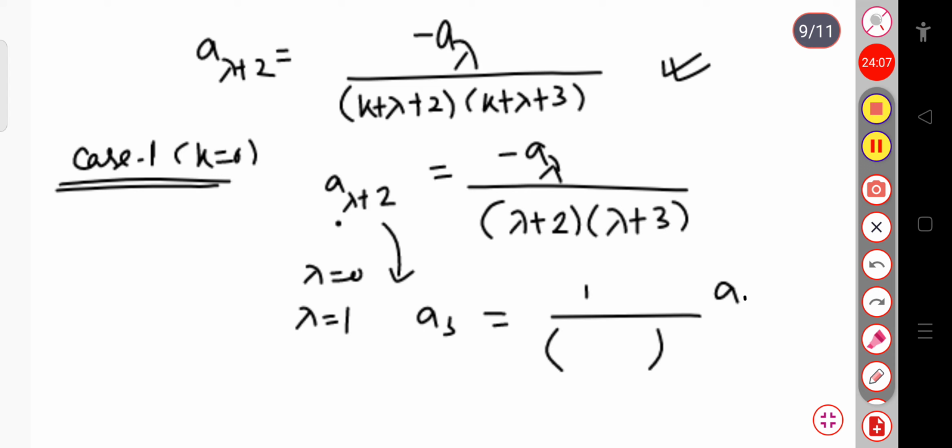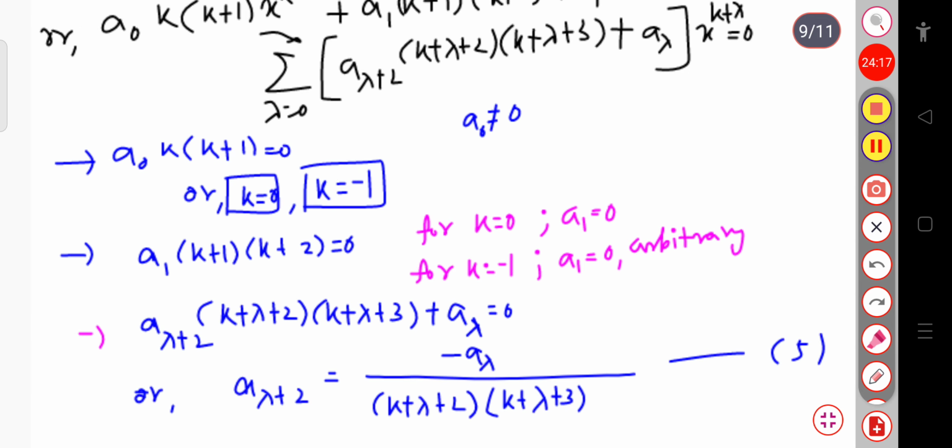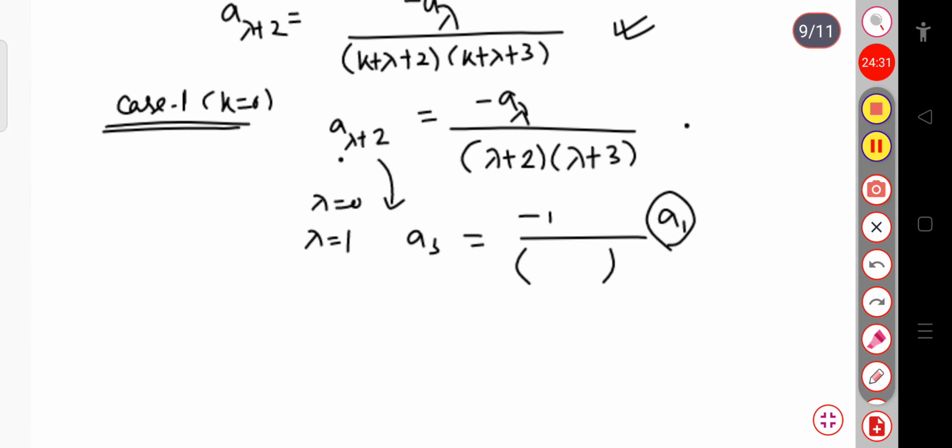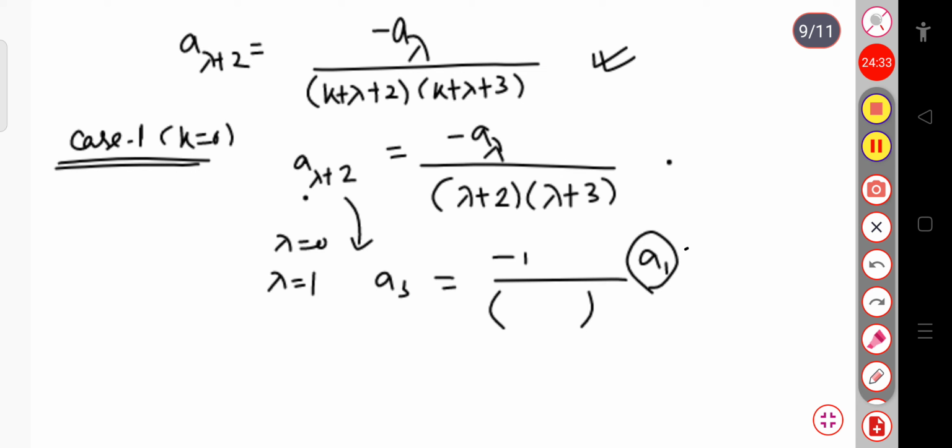But here the a1 value can be taken arbitrary. Sorry, not arbitrary: we have just calculated that when k equal to 0, a1 equal to 0. When this a1 is 0, that means this total term goes to 0, so this a3 will definitely go to 0.